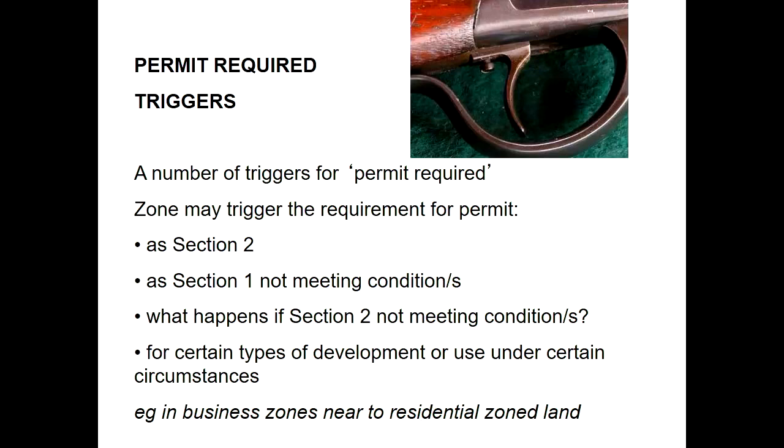And if you learn one thing in this course that is hugely useful to you, whatever role you play, we need to go looking for what triggers the need for a permit, as well as what's as of right and what's prohibited. Because if there's no trigger for permit, it means you've got as of right use. You can just go ahead and do stuff.